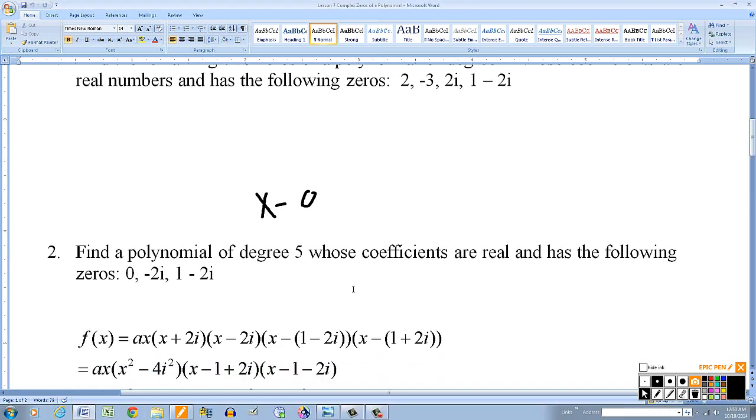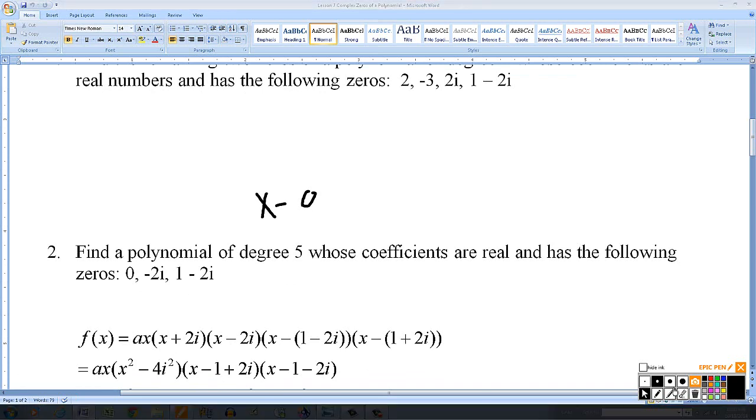Okay, in factored form. But most instructors are going to want you to simplify this. In other words, multiply it out and write your answer without the i. So the trick here that I'm going to use, let me clear this, is this.